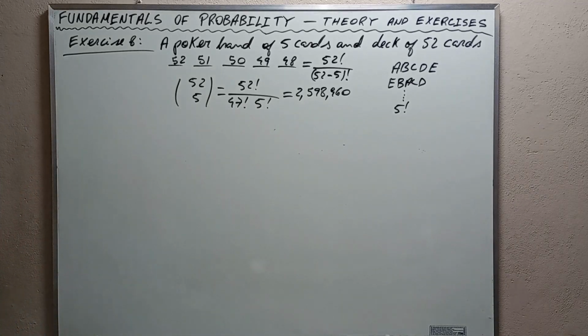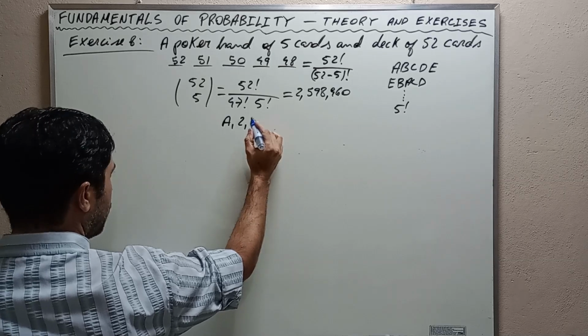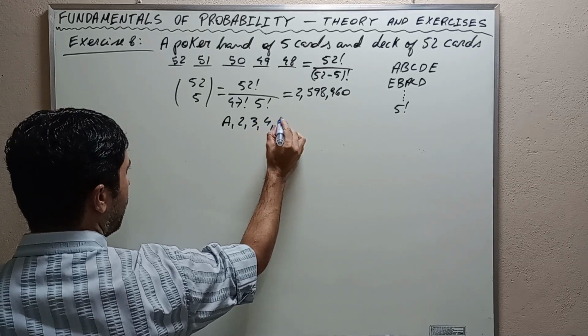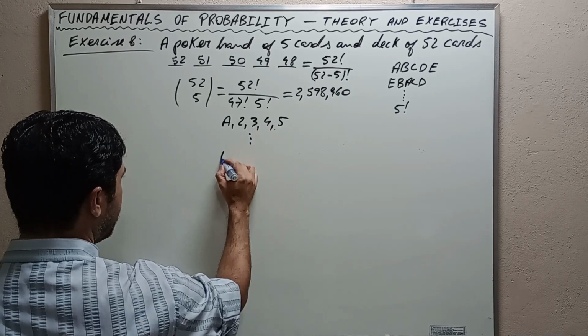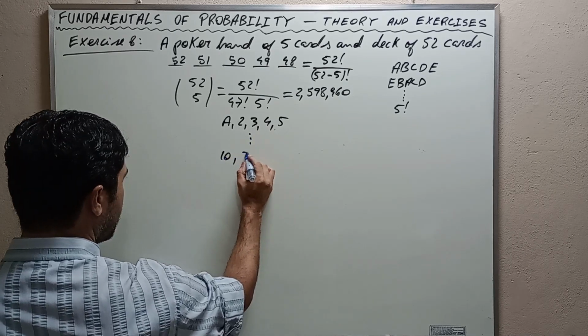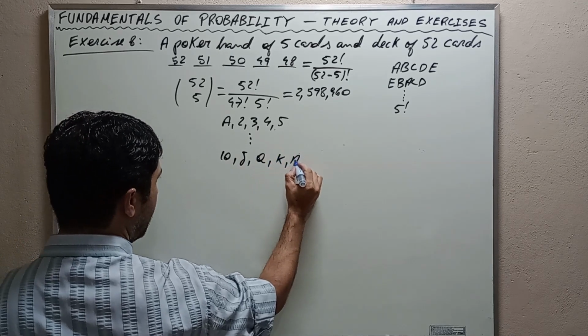For example, summarizing, we have ace, 2, 3, 4, and 5, and we have 10, jack, queen, king, and ace.